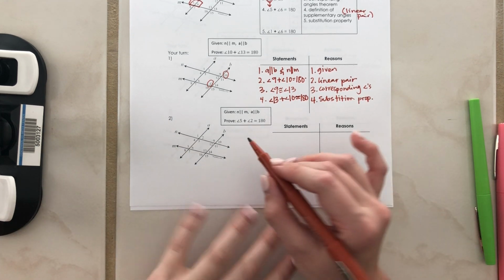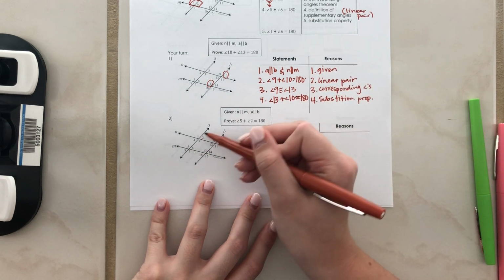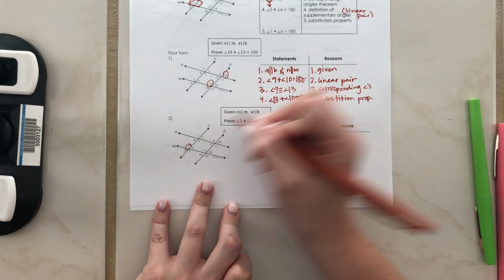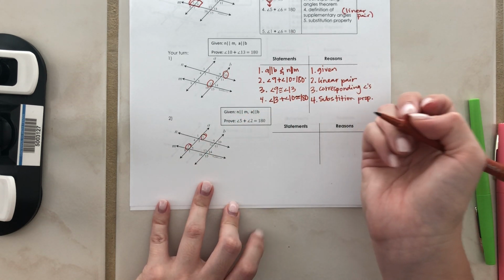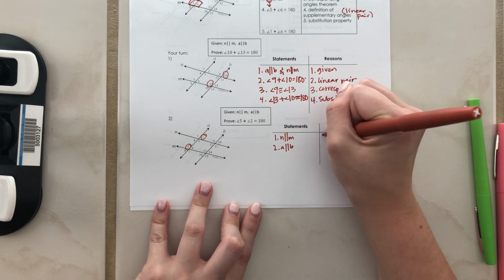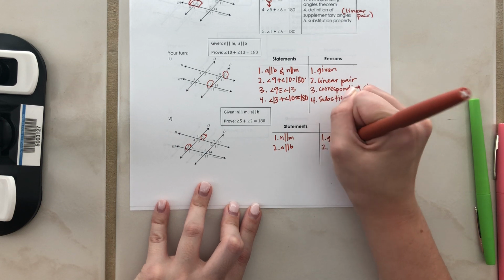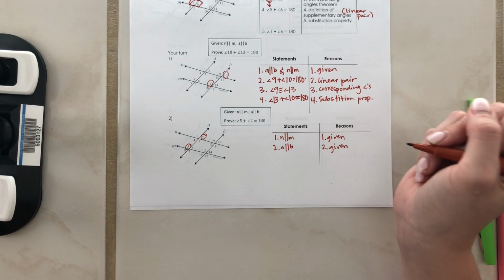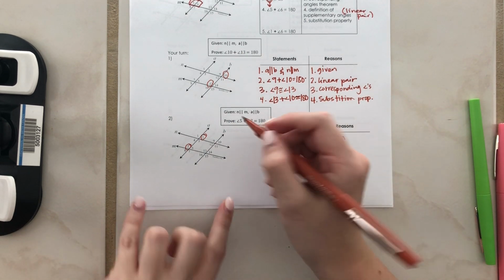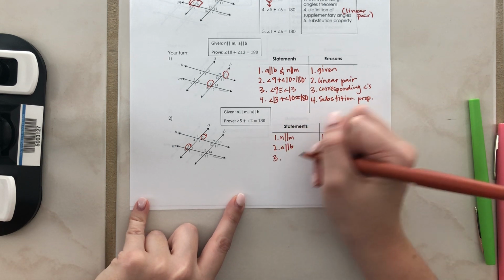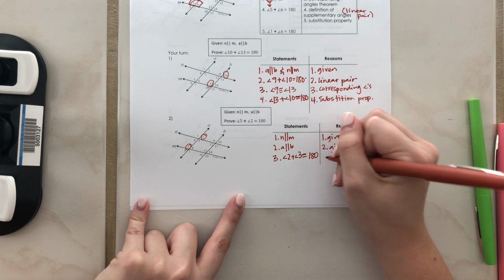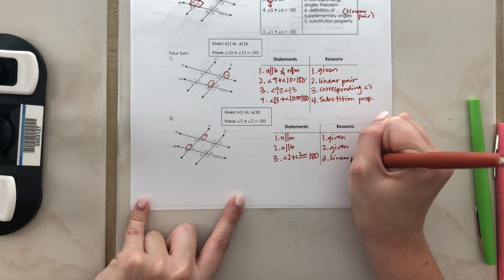Okay, example 2 for us. We're given N is parallel to M and A is parallel to B. We're trying to prove that the measure of angle 5 plus the measure of angle 2 equals 180. So we go ahead and start with our givens. We can say angle 2 plus angle 3 is going to equal 180, and the reason for that is because they are a linear pair.